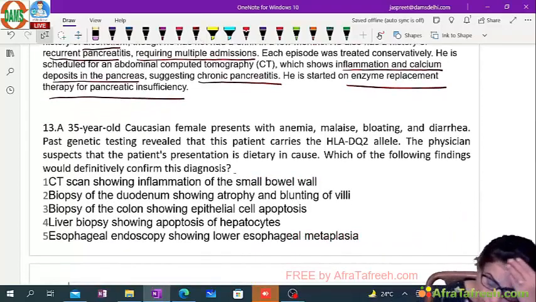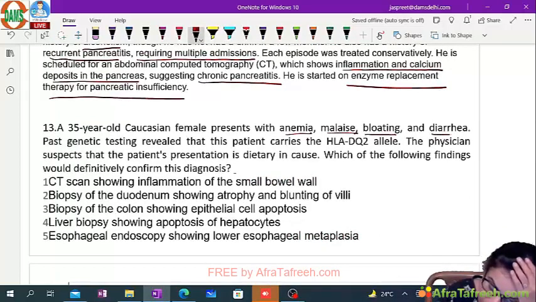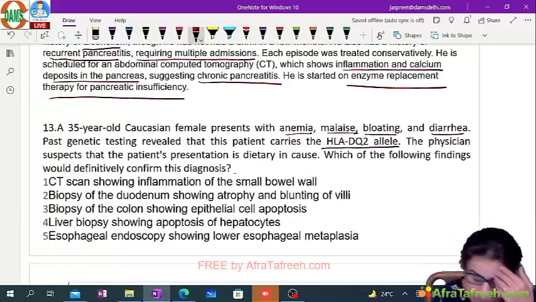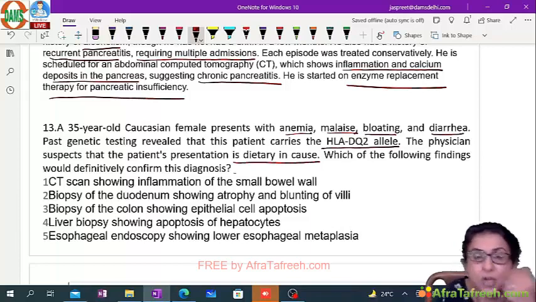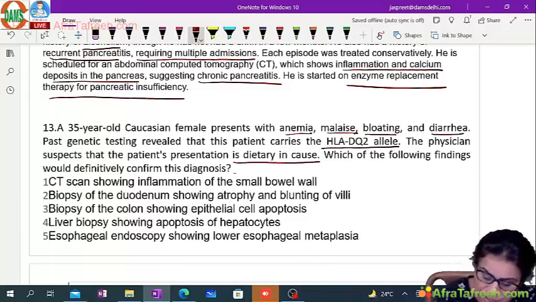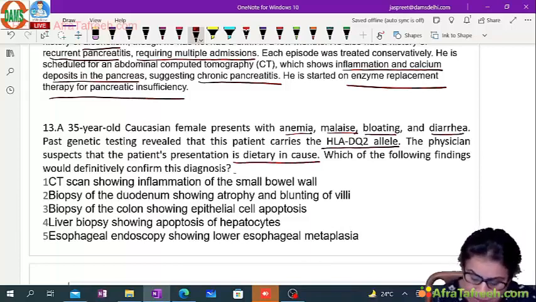Okay, then look at question number 13. A 35-year-old Caucasian female presents with anemia, malaise, bloating and diarrhea. Genetic testing revealed that this patient carries the HLA-DQ2 allele. The physician suspects that the patient's presentation is dietary in cause. Which of the following findings would definitely confirm the diagnosis?